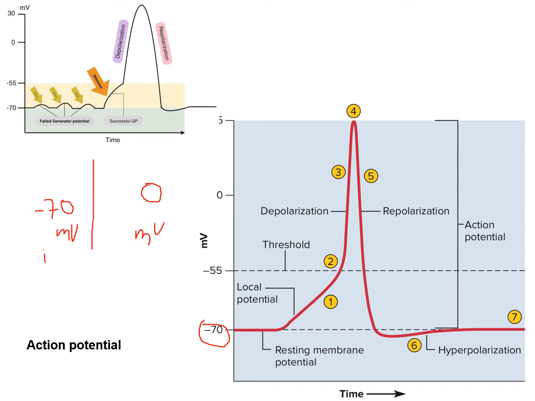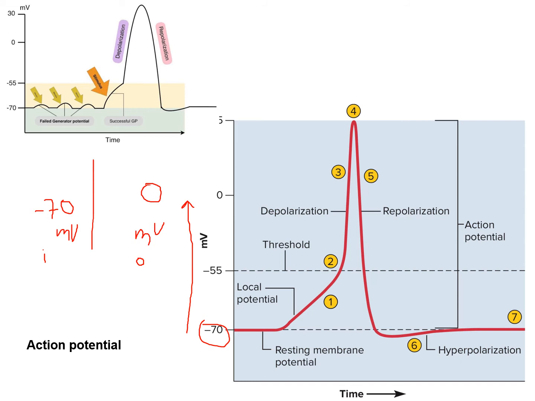So the outside and the inside are very different. So we say that the cell is polarized. The membrane of the cell is polarized because it has a positive and a negative charge on 2 different sides. However, if I go towards 0 from the minus 70, then I'm canceling that polarization.